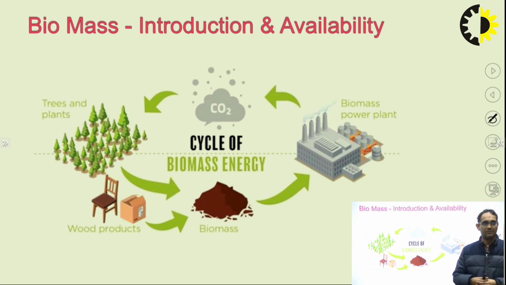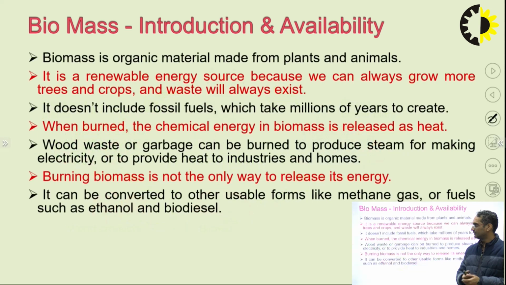Like from the trees or plants, when they get decomposed, through chairs and cartons formed with these plants or trees, and with these wood products the biomass gets produced, which is utilized in the biomass power plants, and this CO2 is emitted out with these power plants, and this CO2 is consumed by the trees and the plants, and the process again continues, like wood products are formed due to these trees.